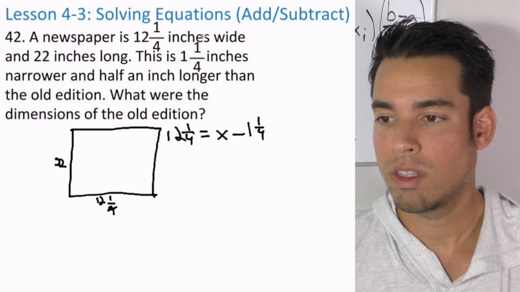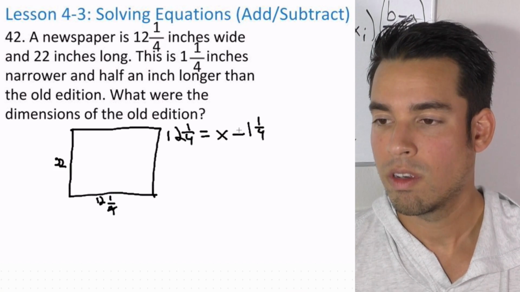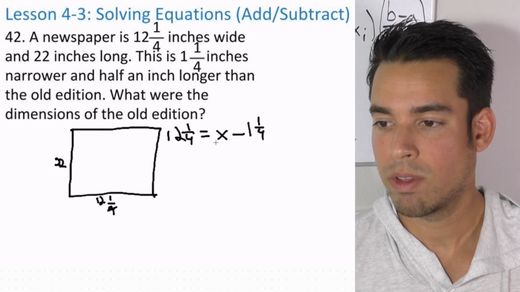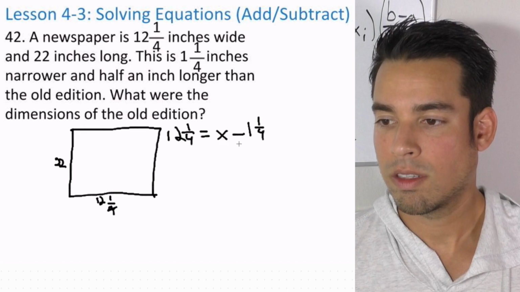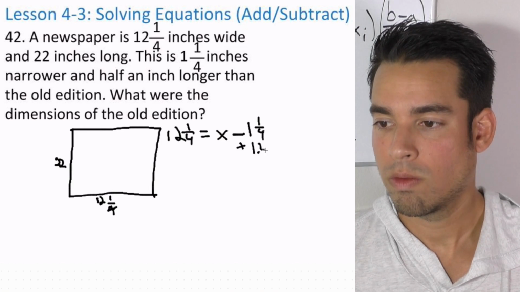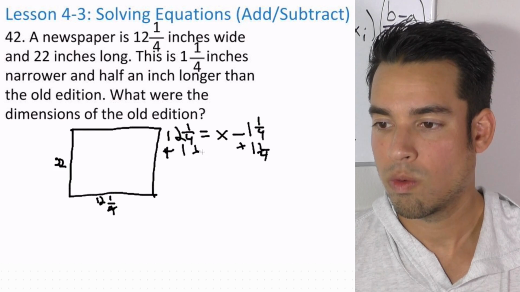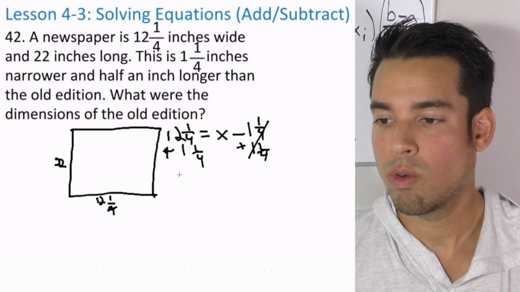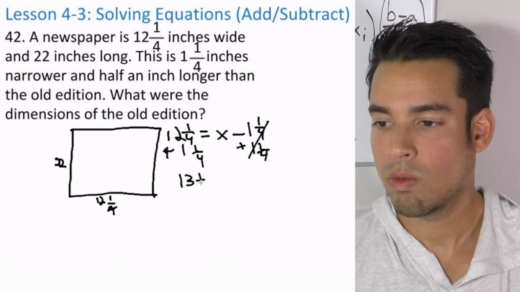So if we want to solve for the old width, we basically would just add 1 1/4. This guy cancels out. 12 1/4 plus 1 1/4 gives us 13 1/4.